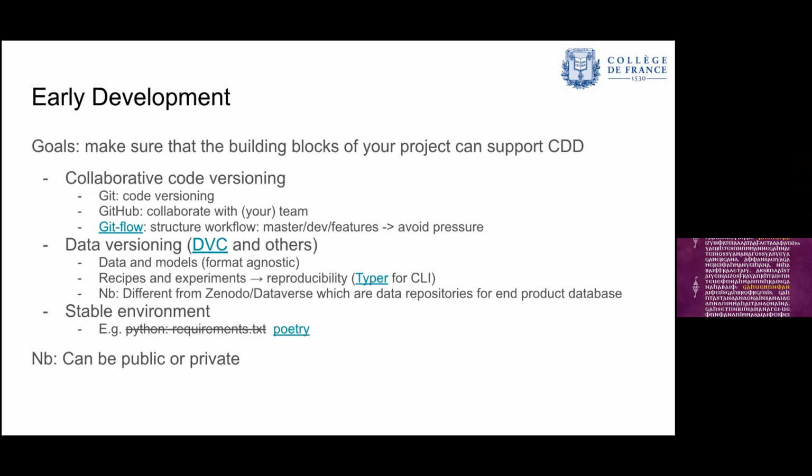It will also help you structure your workflow. The baseline, the standard way to use Gitflow is to have this master and dev branch, and then to put feature branches on the dev. So basically, the development is never exposed to the public. It's on your GitHub, but nobody will go and snoop on it, or at least they will understand that this is still under development, and so they won't put pressure on you on this part of your work.